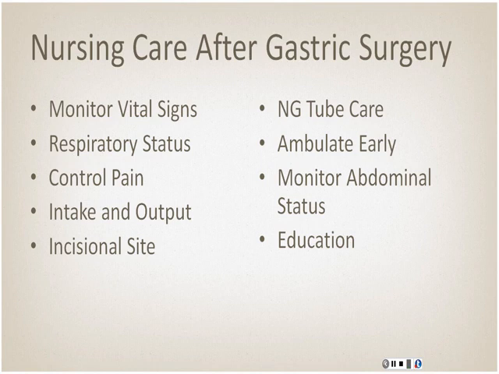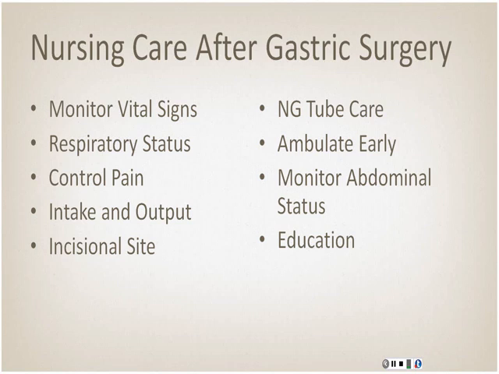Taking care after gastric surgery. Like most folks with any type of surgery, we're going to monitor vital signs very closely and respiratory status as well. We want to control pain. We're going to monitor intake and output, and then monitor the incisional site to make sure that there's not any excessive drainage or bleeding or signs and symptoms of infection.